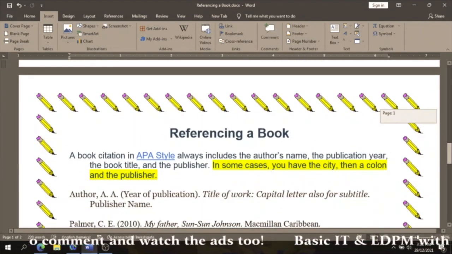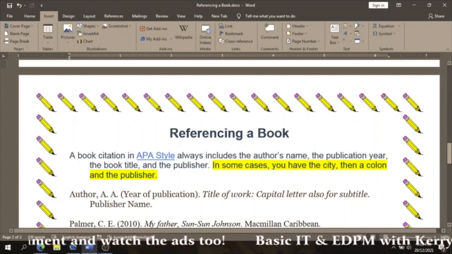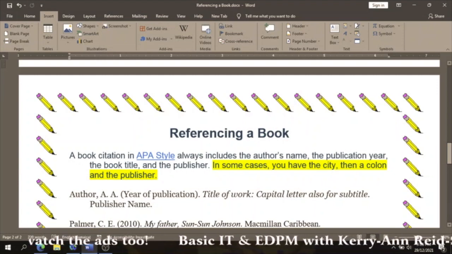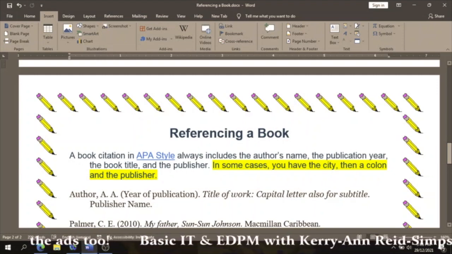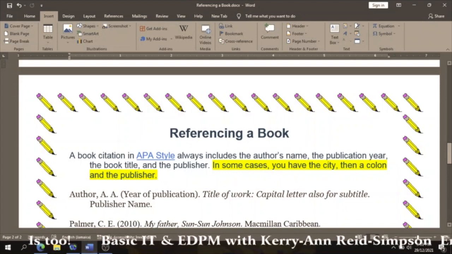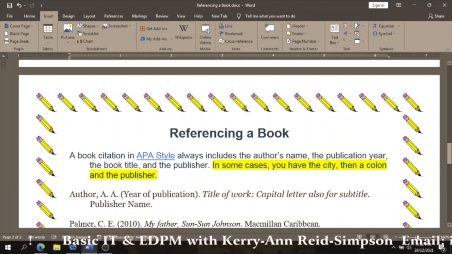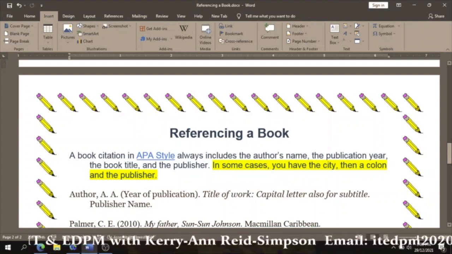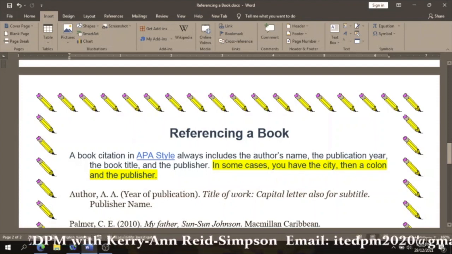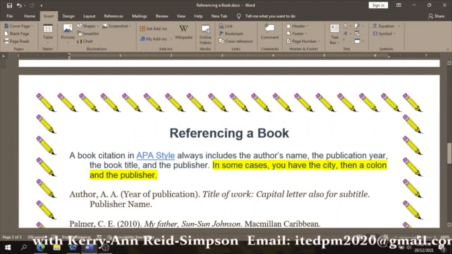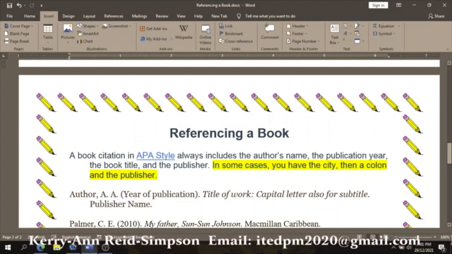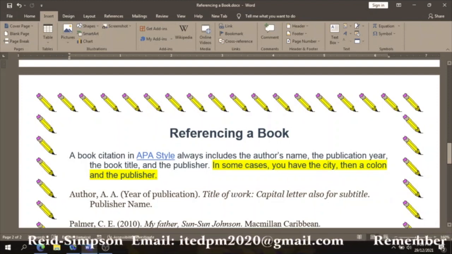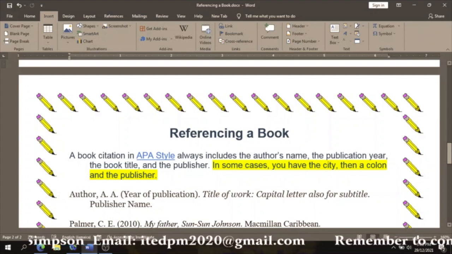So first thing I want to tell you is the general or the basic elements in terms of how you go about referencing a book. What you normally look for are the author or authors, because sometimes it is written by more than one person, followed by the year of publication, then the title of work, which in this case would be the book title, and that will be followed by the publisher name.